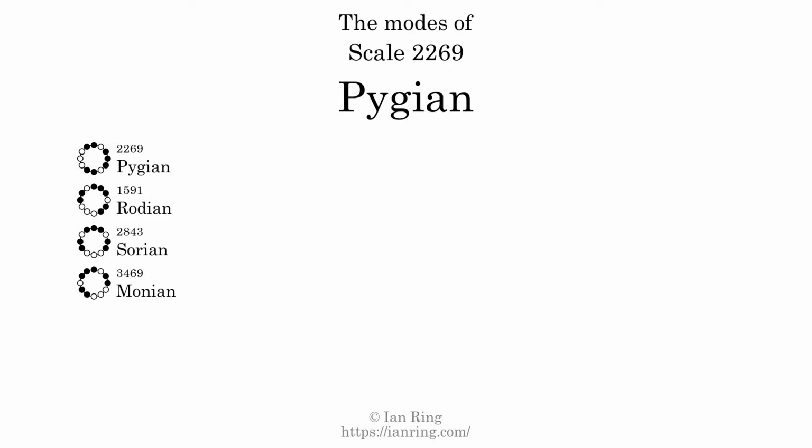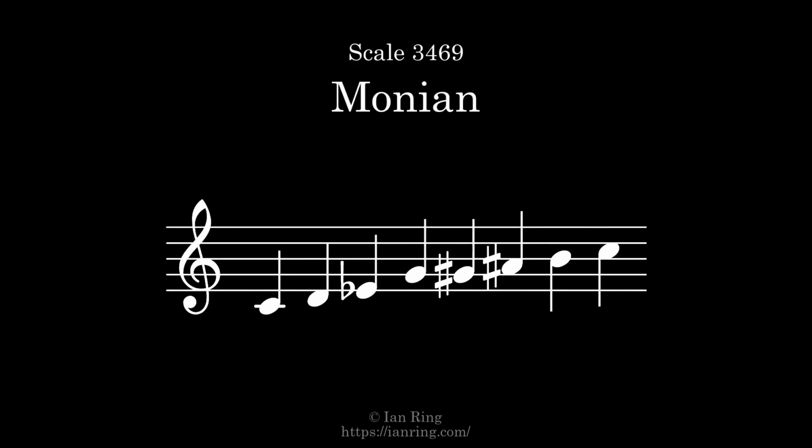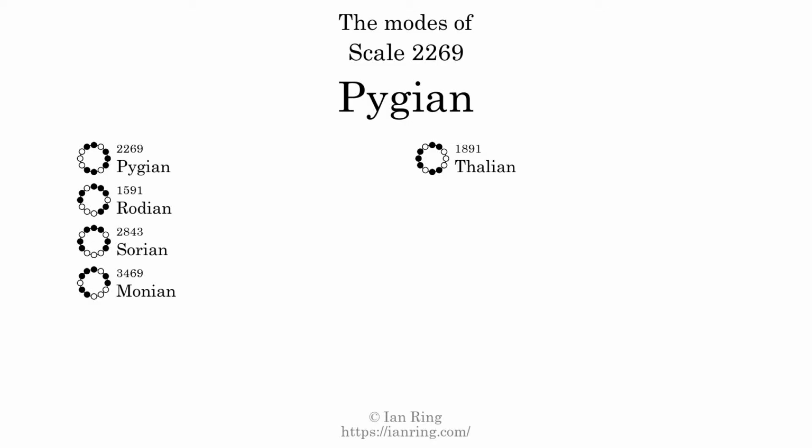The fourth mode is scale 3469, also known as Monian. It sounds like this. The fifth mode is scale 1891, also known as Thalian. It sounds like this.